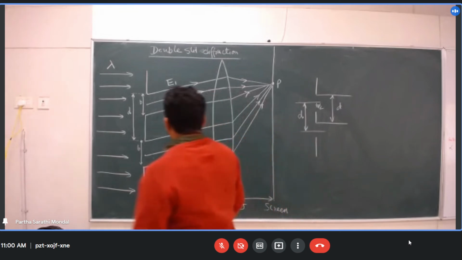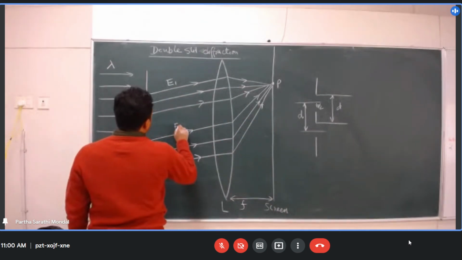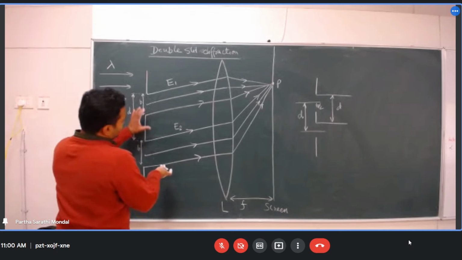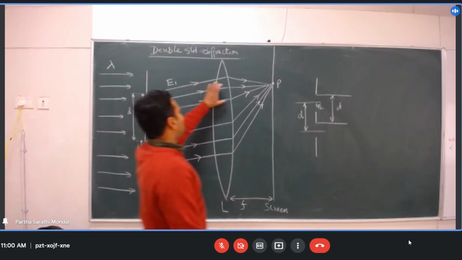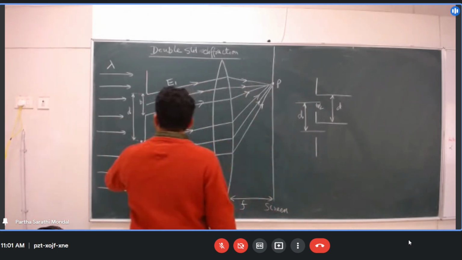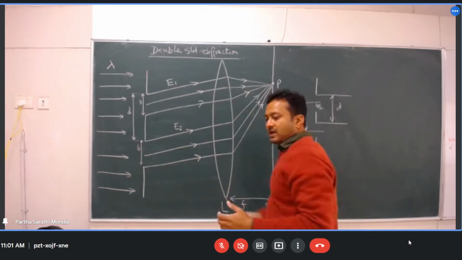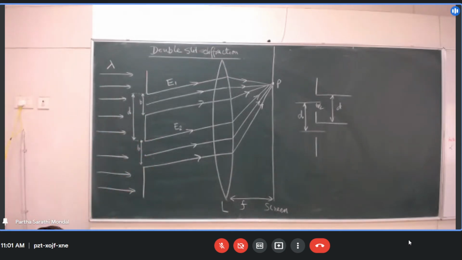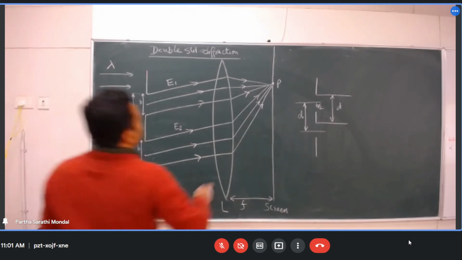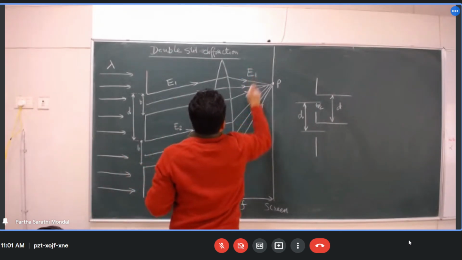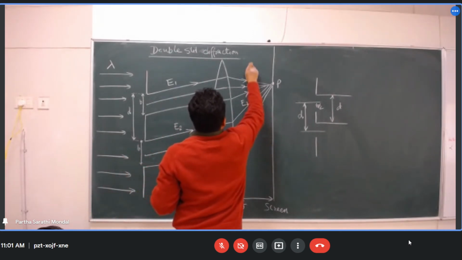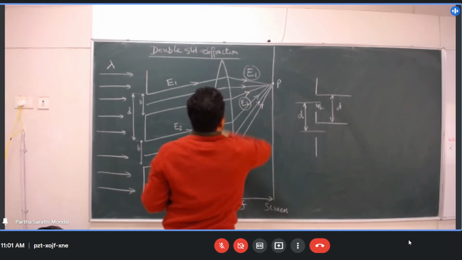So now these two branches E1 and E2: just as one was producing a diffraction pattern here, the other also produces a diffraction pattern here. They will meet and superpose each other, and that is how you will get the total intensity at P. So this is E1 and this is E2, and these two will interfere and produce the resultant pattern at P.